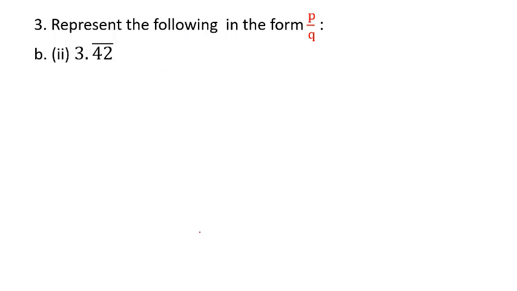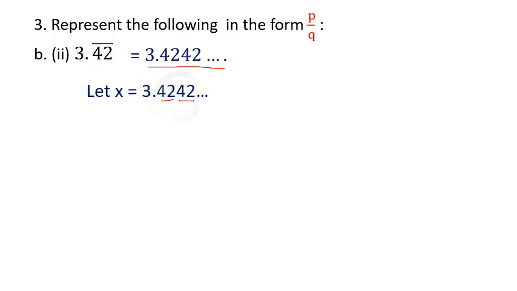Let us solve one more. 3.42 bar. What this means is 3.424242 dot dot dot up to infinity. So as it is, we'll take this number as x. Now tell me, what will you multiply by? Will you take 10 here? Now see, since we have repetition of two digits, we have to take out this first.